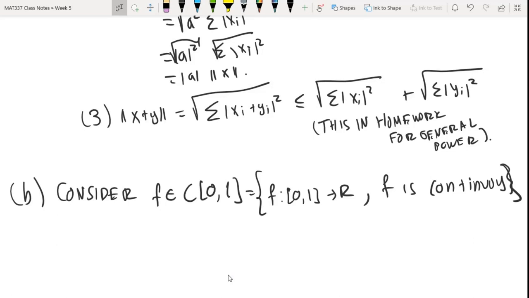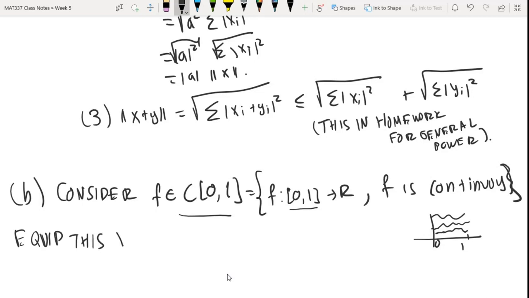Okay, so that's the notation for continuous functions on 0, 1. Then equip this vector space. I'll leave this to you, why this is a vector space.